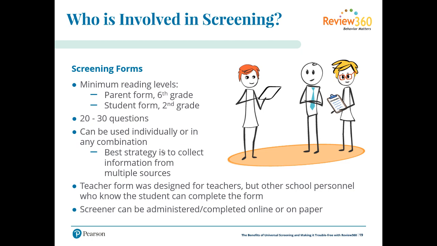So the next one is thinking, how do I want to do this? Some places are married to paper, and they like that, and that's what they're going to use. Others are not, and they like to do more of online or electronic data input.